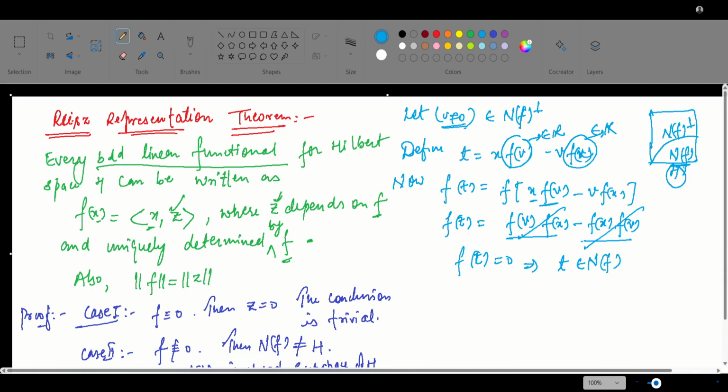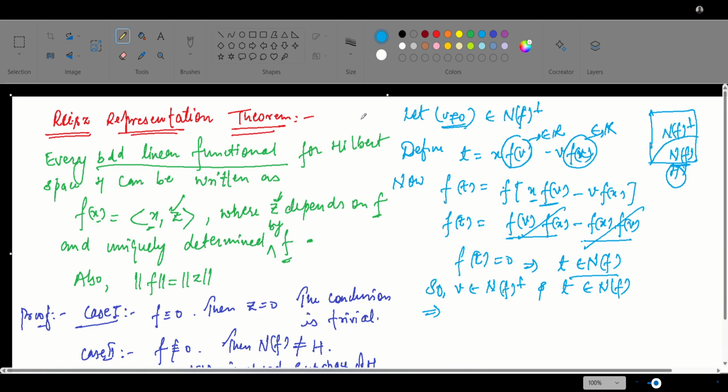So what we can say is that v belongs to the complement of the null space of f, and t belongs to the null space of f. Yes, we can write this. So this implies what?